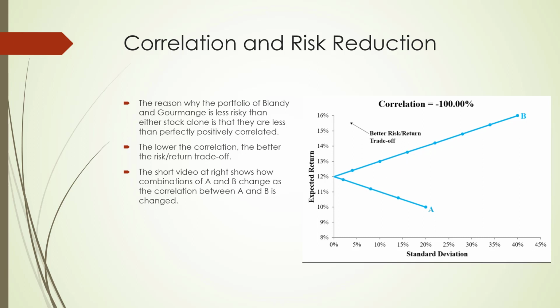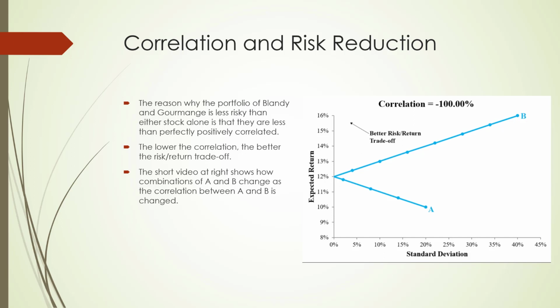Notice something important here. Right about where y equals 12%, we have a portfolio with 0 risk. That will always be the case when you have two perfectly negatively correlated securities in a portfolio. It's possible, depending on the weights that you choose, to find a portfolio that has 0 risk.